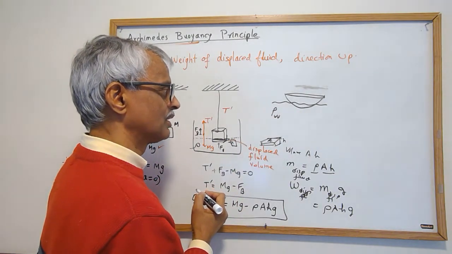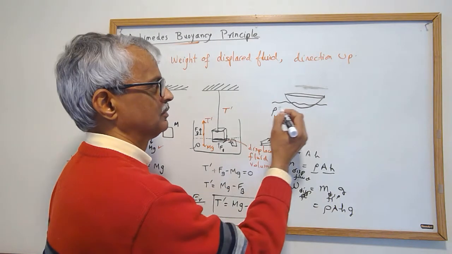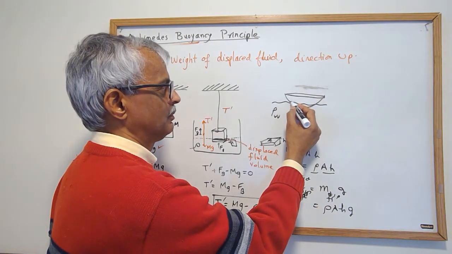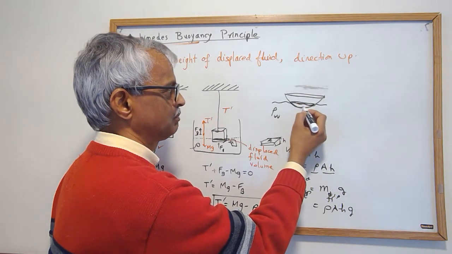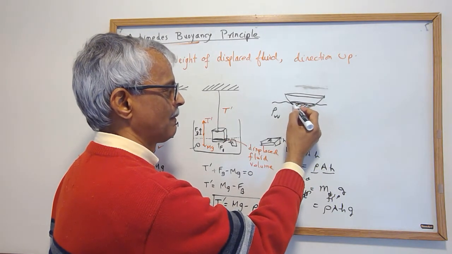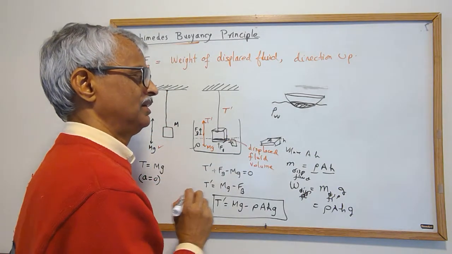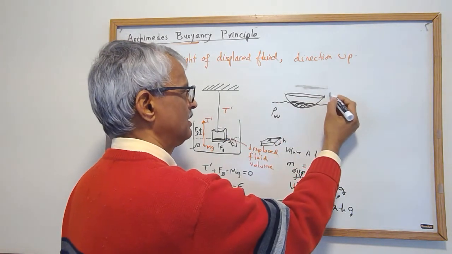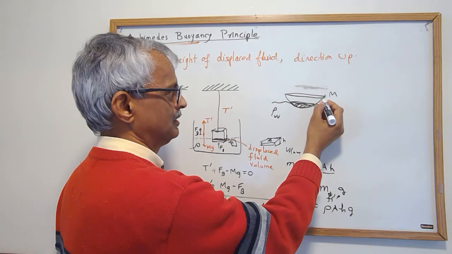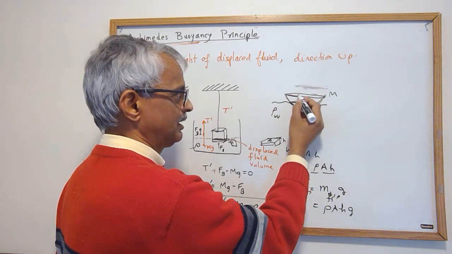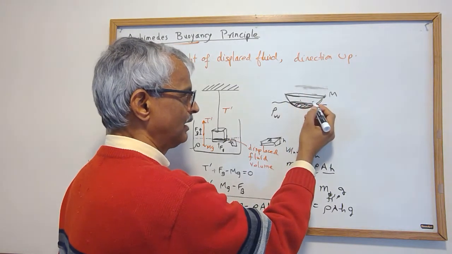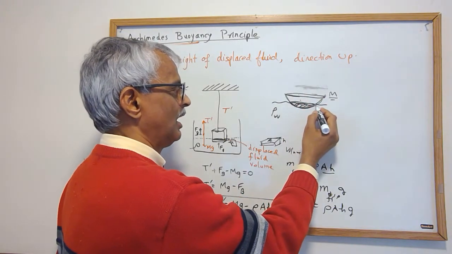The shape is actually very complicated. You can see that the mass of the ship is just the hull itself and whatever is contained inside, so all of that is mass m.